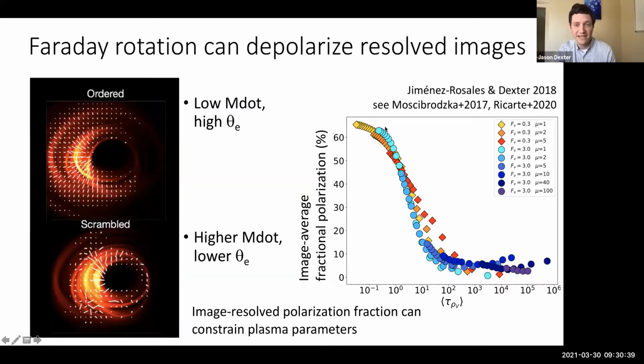This would be like the top left case, 60%, not that different than what you emitted. But if you go to very high tau rho v, you get a lot of this scrambling, and it depolarizes your image at the scale of a beam. So this is very important. This will come back later when we think about the Event Horizon Telescope images of M87.